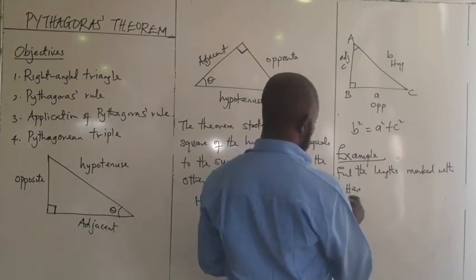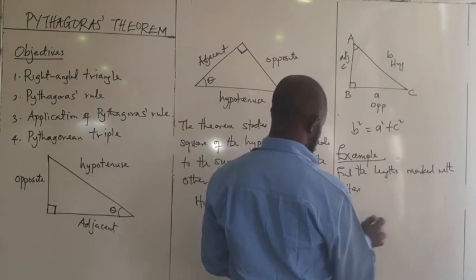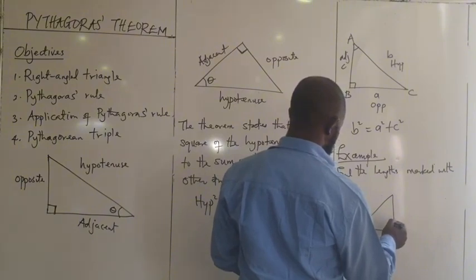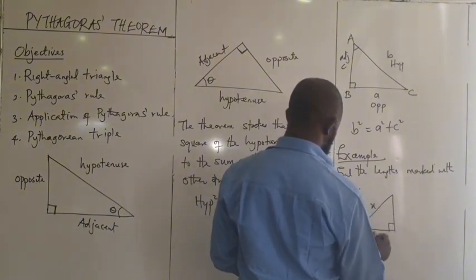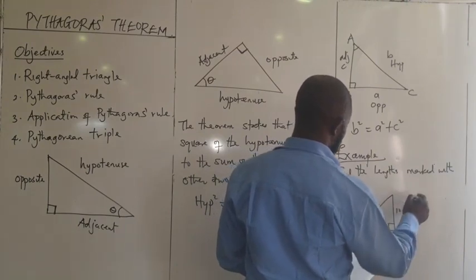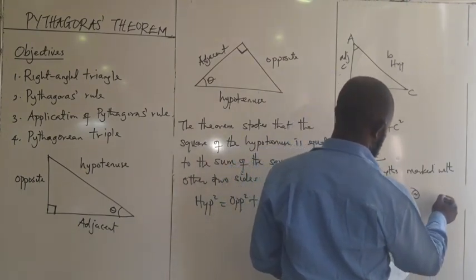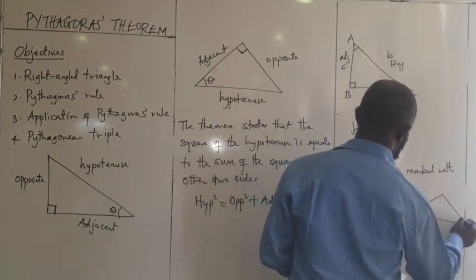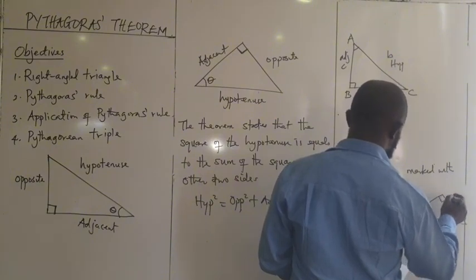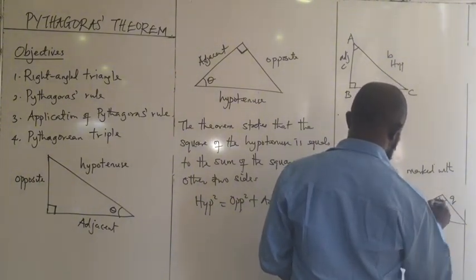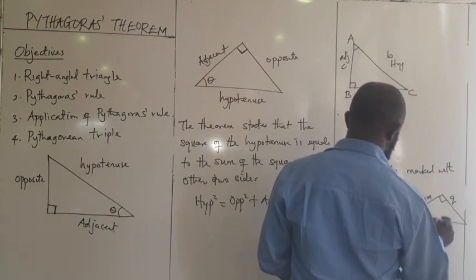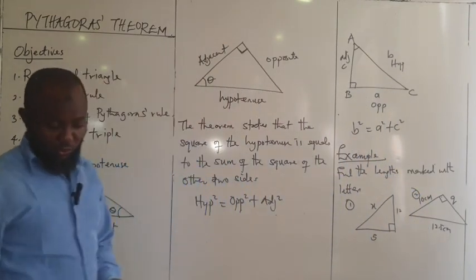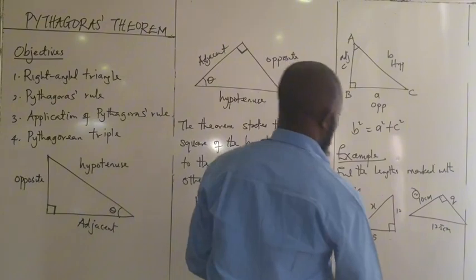The first one has x here, 5 here, and 12 here. Then the second one is something like this. This is the right angle. We have Q here. This is 10 centimeters, and this is 12.5 centimeters. So we have to find the value of the letters there.